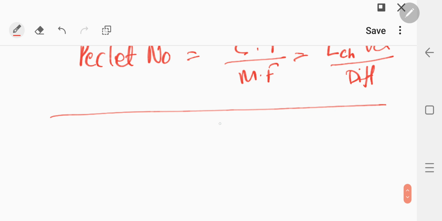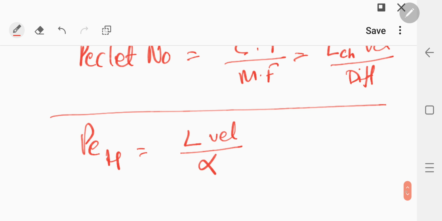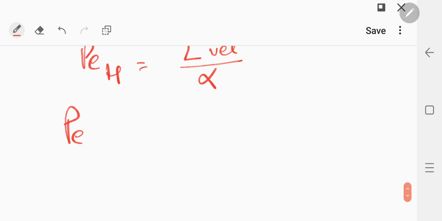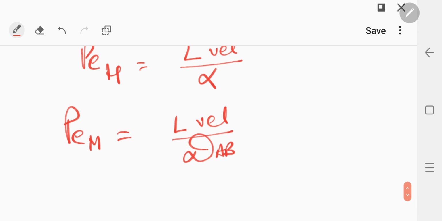So if I'm dealing with the Peclet number for heat transfer, it will be the length into the velocity divided by the diffusivity, and diffusivity in energy transport is the thermal diffusivity. And if I'm dealing with the Peclet number in mass transfer, it will be the length into velocity divided by the diffusion coefficient.